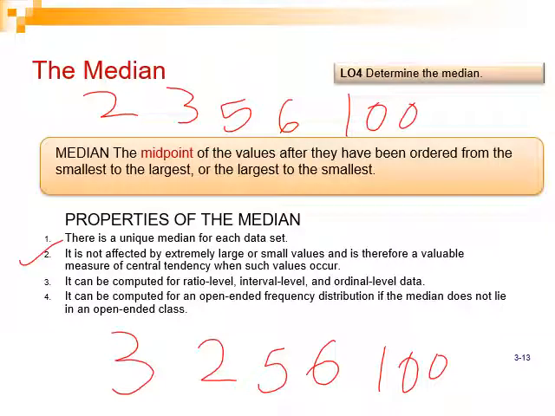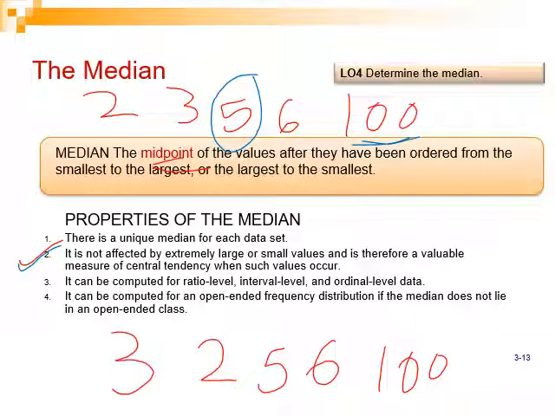The median here is the midpoint, which is 5, and it is not affected by extremely large values like 100. This value may not be true. Maybe it's 10, but whoever wrote it wrote 100. The median is not affected by this error; it only measures the values in the middle. This is what is meant by number 2.